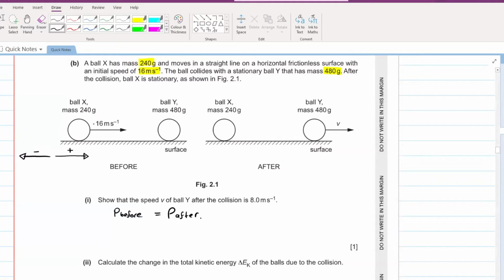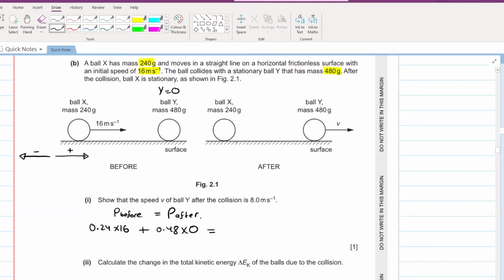So momentum before the collision is 240 grams, converted to 0.24 kg, times 16 m s^-1 acting towards the right, plus 0.48 times 0 for ball Y, which gets zeroed out.